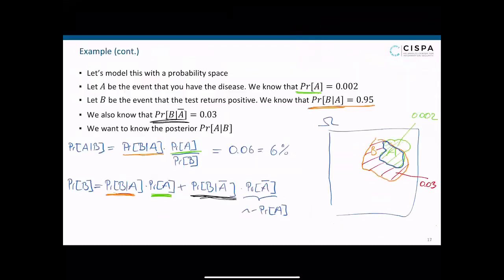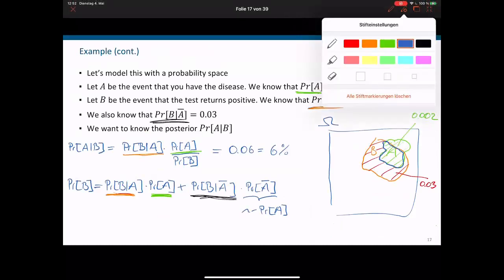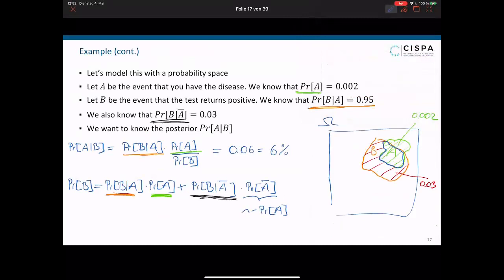Again, for what we do here, law of total probability, B1 equals A and B2 equals not A. All right. Okay, good. That was that.